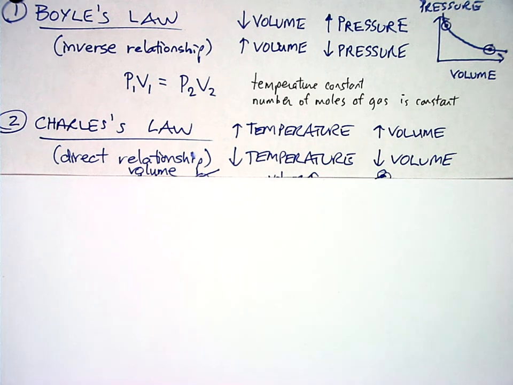It makes sense because as the temperature goes up, the particles are moving faster. If the pressure doesn't change at all, those particles can push a movable side of one of the containers, or push with greater force and increase the volume of the sample of the gas. It's a direct relationship.